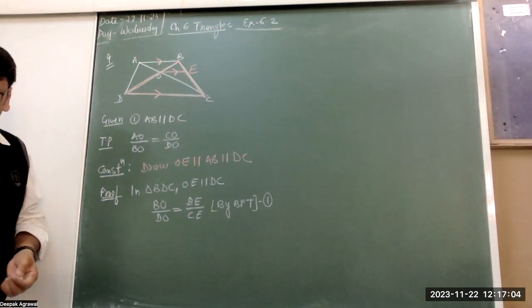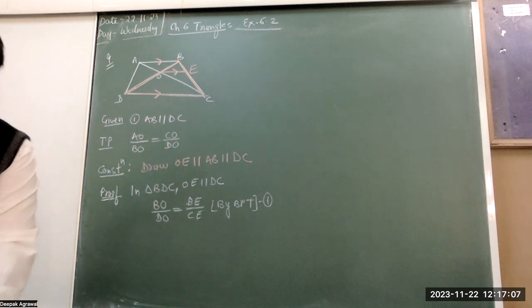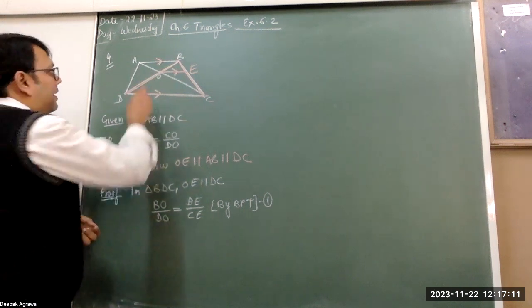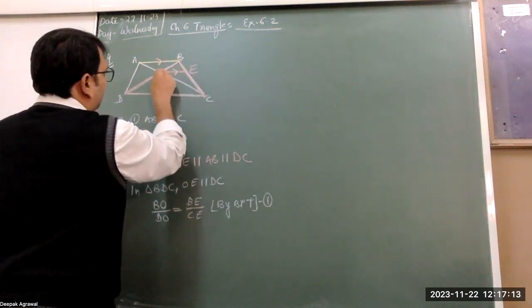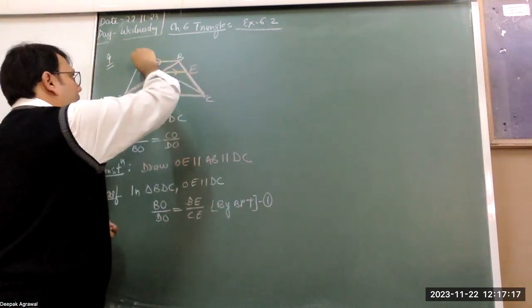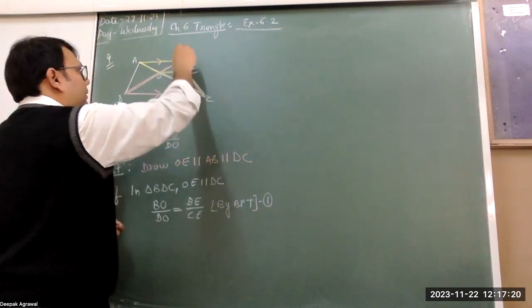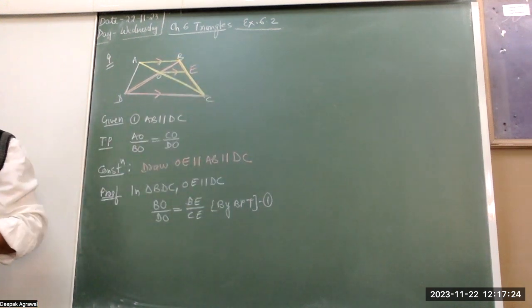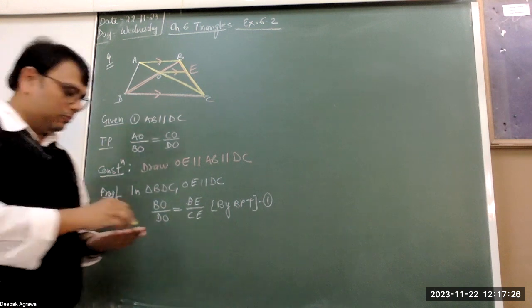Okay, fine. Then which 2 parallel lines have I taken? These 2. Now, if I consider these 2 parallel lines, and if I choose this particular triangle for BPT, can it be taken? Okay.